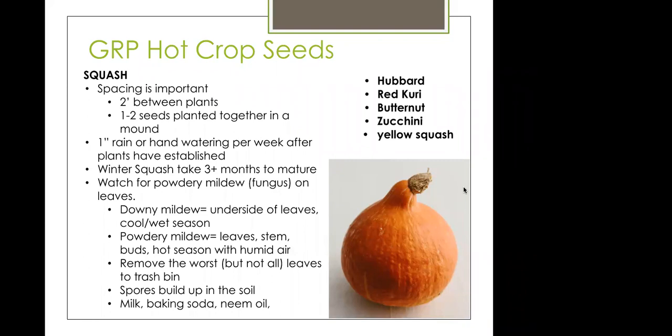If you're in that position where you have powdery mildew in your soil already and you have to plant your squash right there, if you don't have space to do a crop rotation, I recommend that you do those practices, but also add in some compost to your soil. Compost has a lot of beneficial microbes, which can help prevent that powdery mildew from being as bad as it could be, okay?